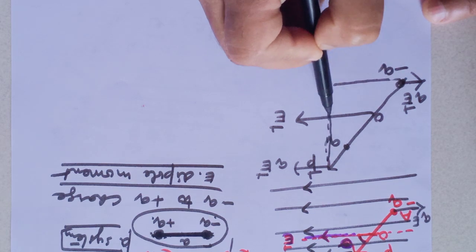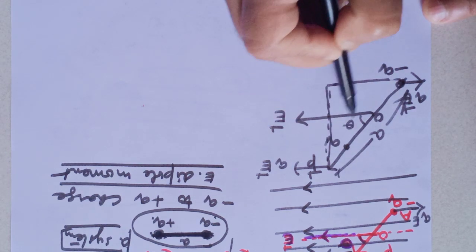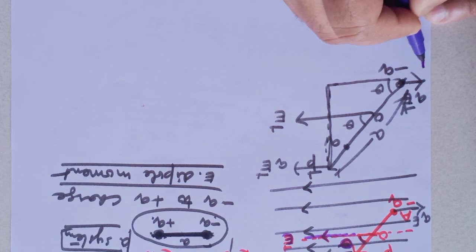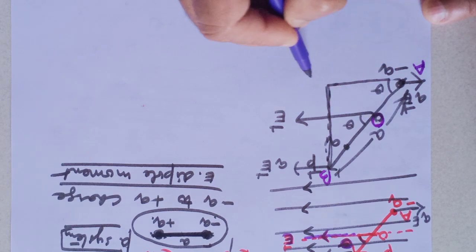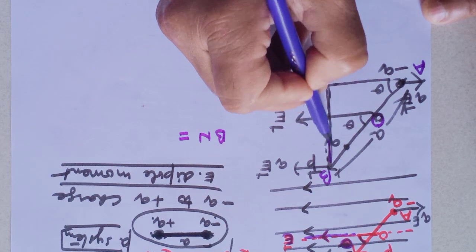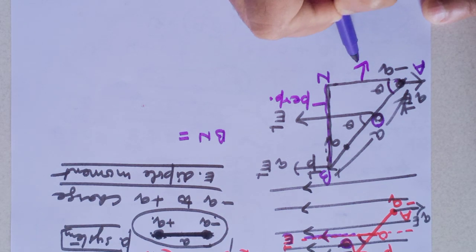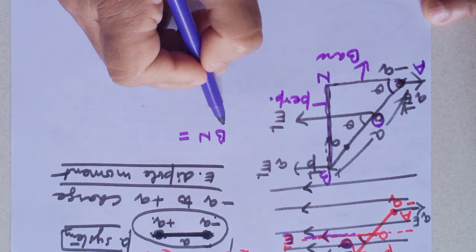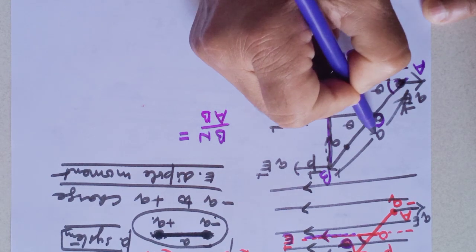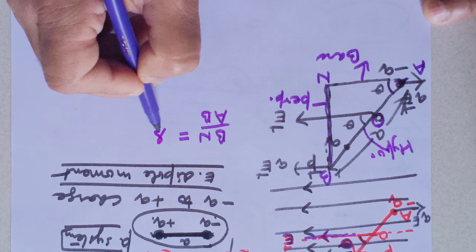Now a perpendicular is drawn here. This is A, this is the angle theta. This is B, this is O, this is N. So for BN, the perpendicular, upon the hypotenuse AB, that is sine of theta.